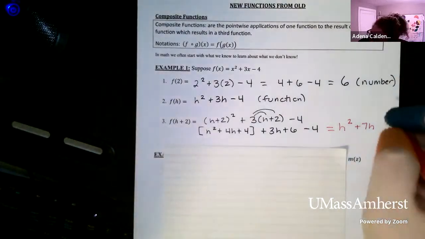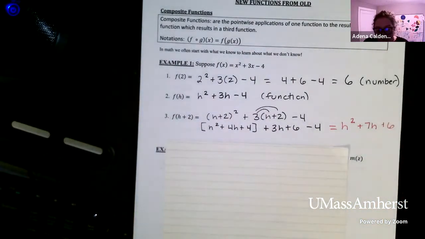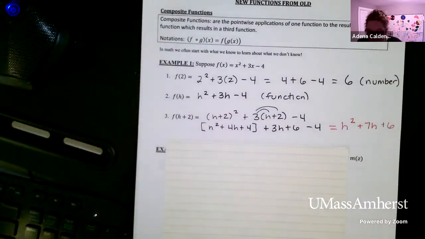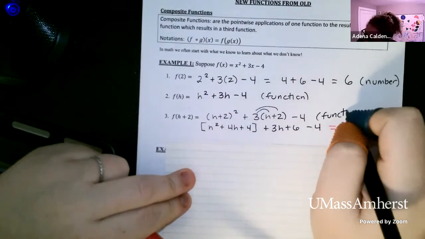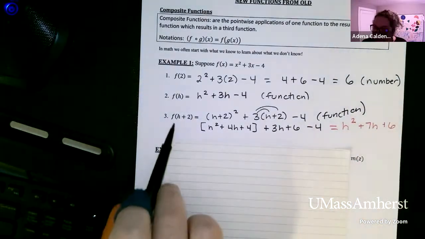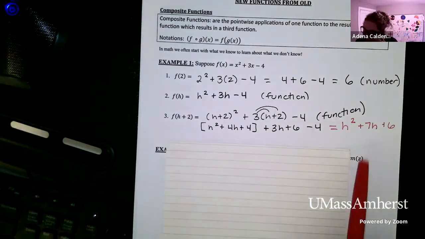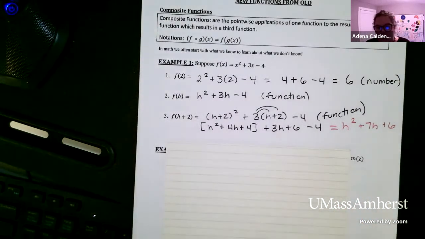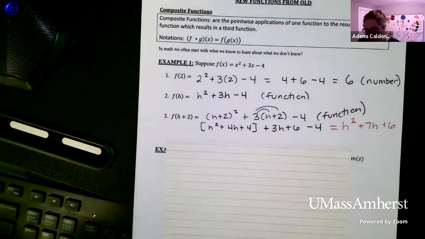So that's going to give me plus 6. Okay, so again, we notice that we end up with a function for an answer. So whenever there is a variable that you are plugging into your function, you are expecting a function answer. If you are simply plugging in a number, you're expecting a numerical answer.